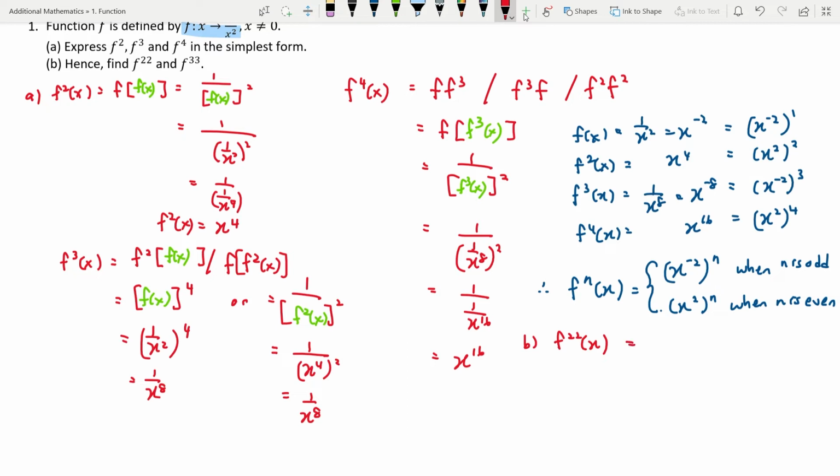We are just going to substitute it into this function. So f22(x) is x to the power 44. For f33(x), 33 is an odd number. x to the power negative 2 to the power 33, we get x to the power negative 66.